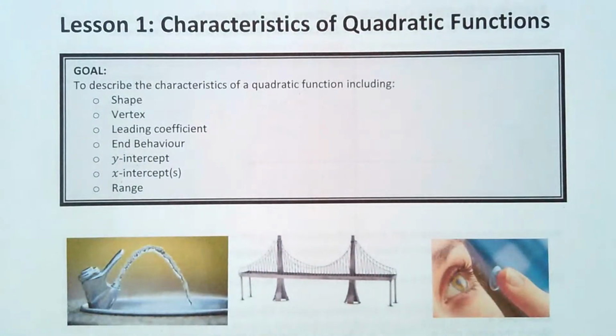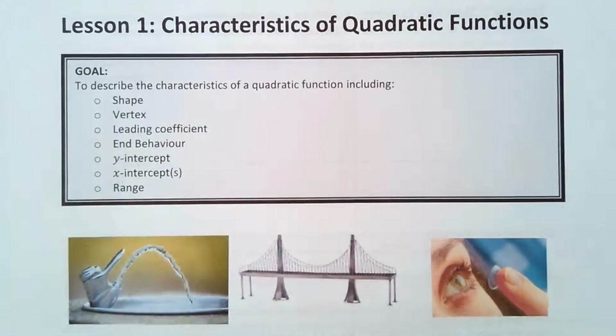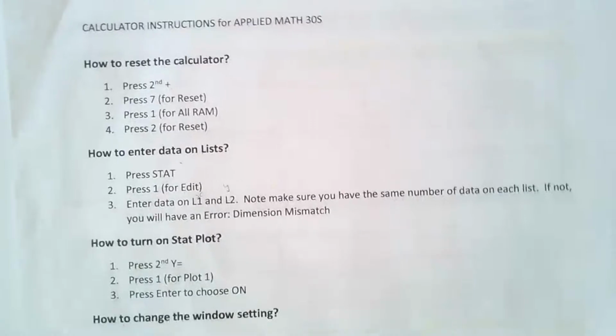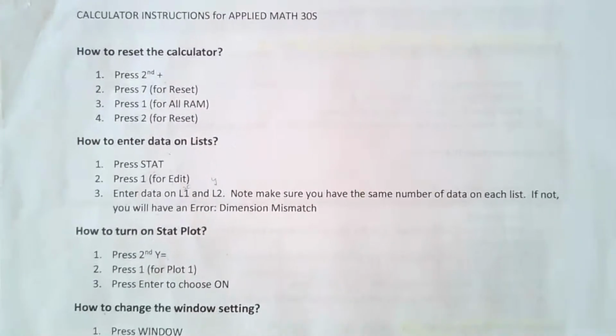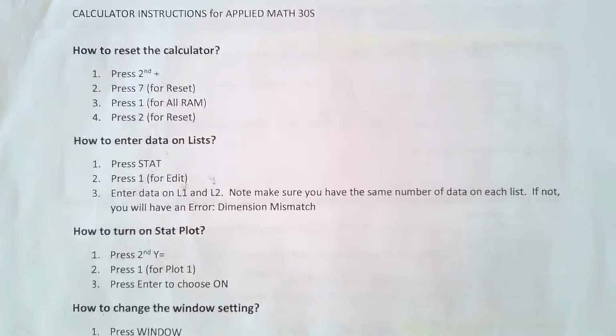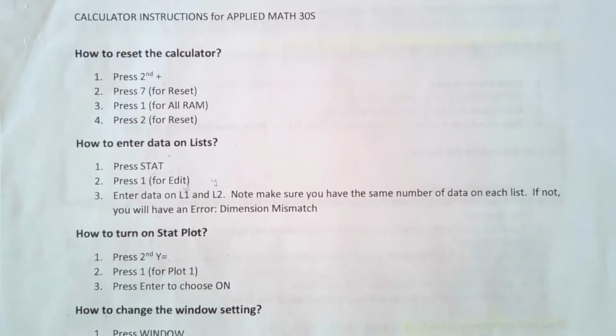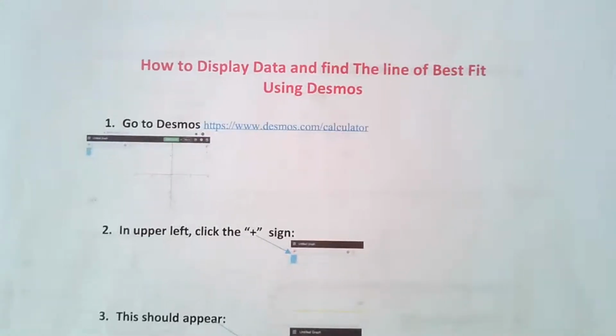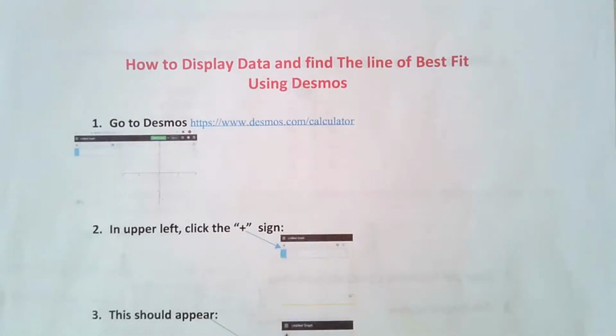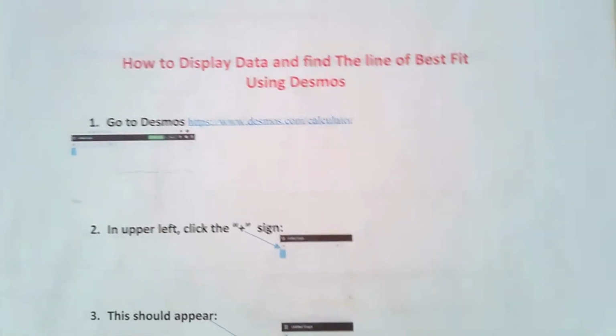Also, I will recommend that you have with you this handout on calculator instructions. So there are 2 sides to this handout. And if you're using Desmos, handout on how to display data and find a line of best fit using Desmos.